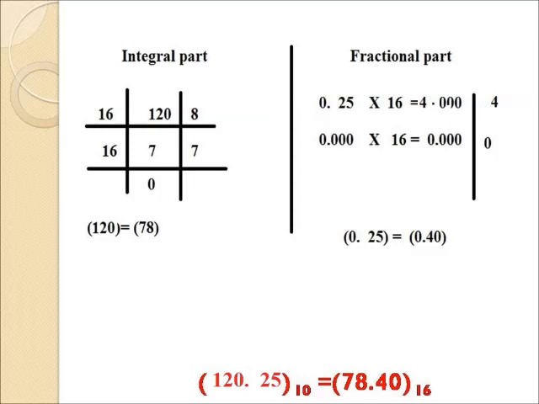Then arranging the integral parts of the multiplication results from top to bottom, 0.25 in the decimal system is equal to 0.40 in the hexadecimal. You can see the final result I have written for you. Okay, please see the final result.